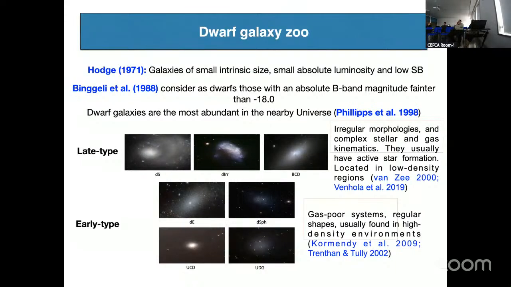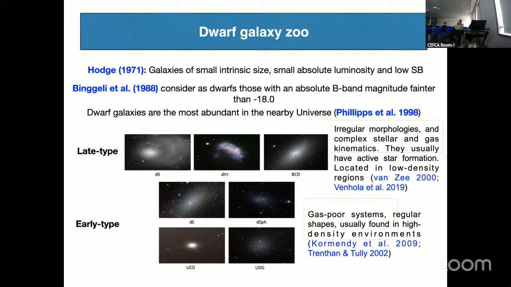The late-type galaxies are quite irregular, with irregular structure, irregular morphologies, complex stellar and gas kinematics. Basically, they are located in low-density regions.